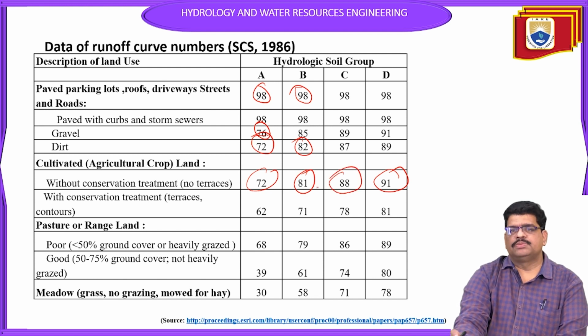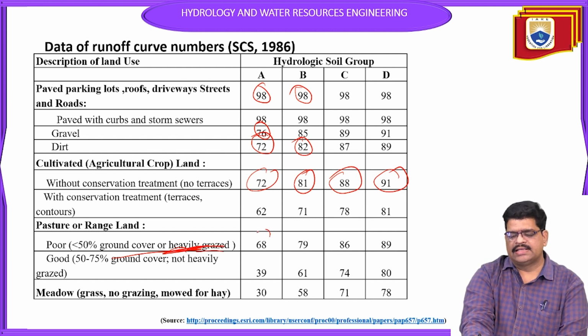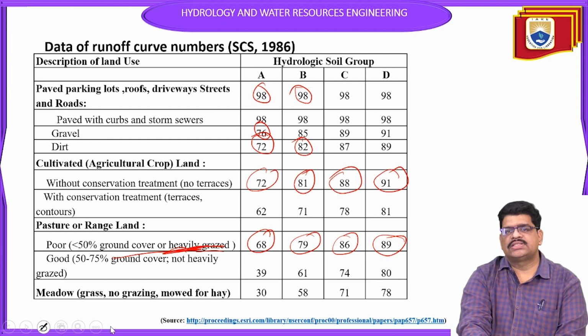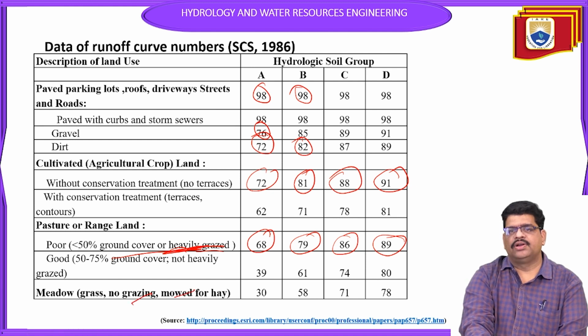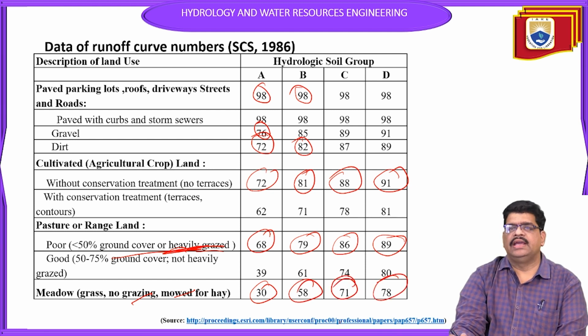Next, poor type of soil, less than 50% of the ground cover. The values will be taken as 68, 79, 86, like that. And meadows, grass and grazing: 30, 58, 71 and 78.